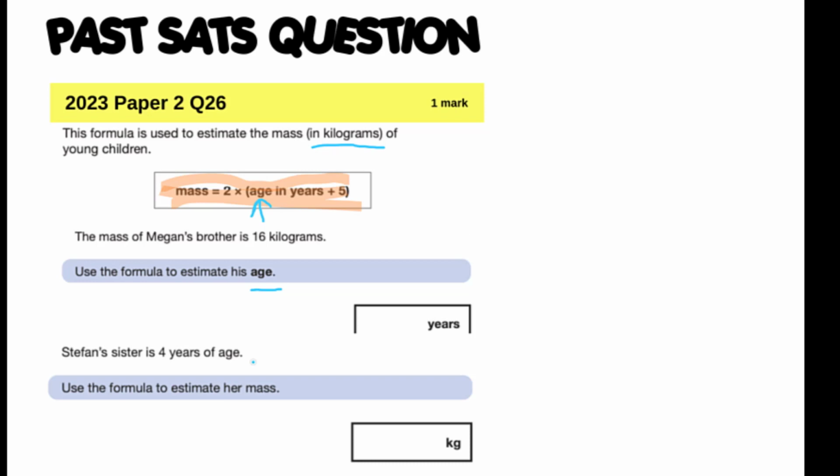So what we're going to do is start to plot in the information that we know. We know the mass of Megan's brother is 16 kilograms. So we can say that 16 is the same as 2 lots of the age plus 5.